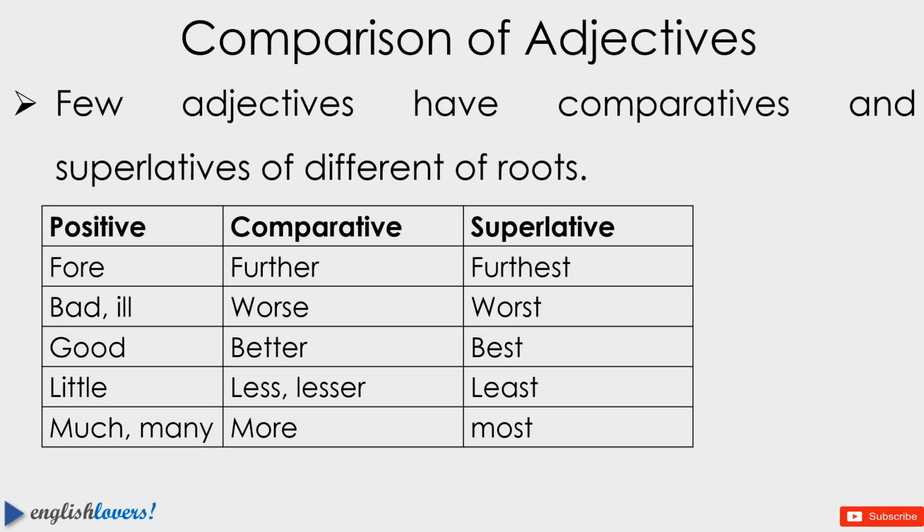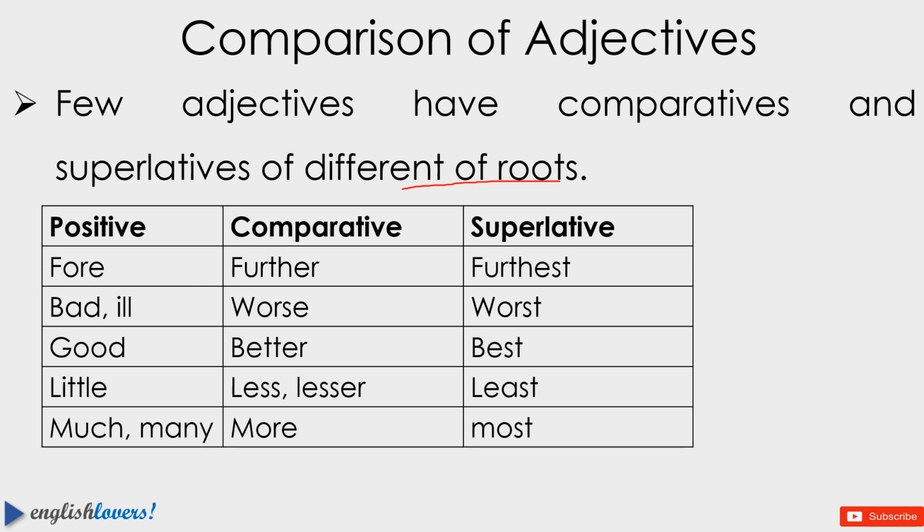There are some adjectives in English language which have comparatives and superlatives of different roots. That is, altogether different word is there in order to form comparative and superlative form. So for example, far, further, furthest.